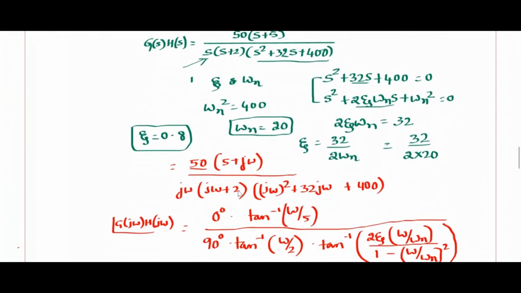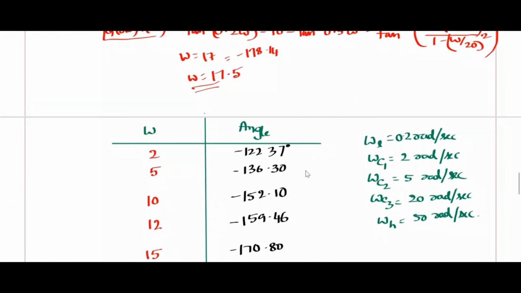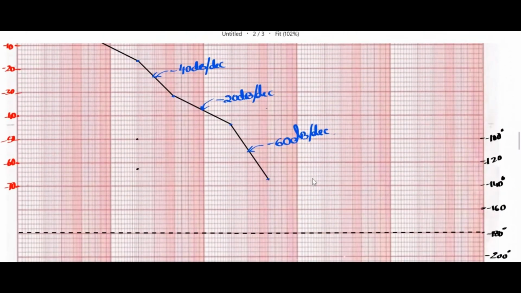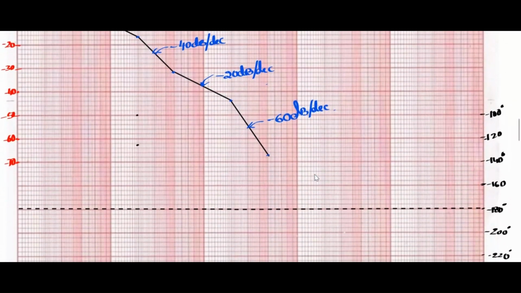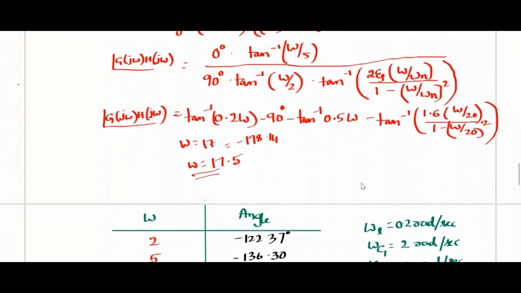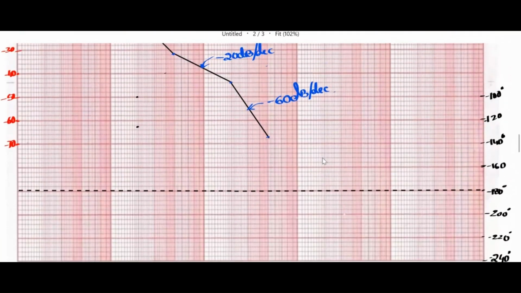Now let me go to the next value of omega. At omega equals 5, I got minus 136.30. So omega equals 5 is somewhere on this line. So this is my omega equals 5 line. Now, minus 136.30. Here we have minus 120, 122, 124, 120. Twenty divided by 5 is 4.